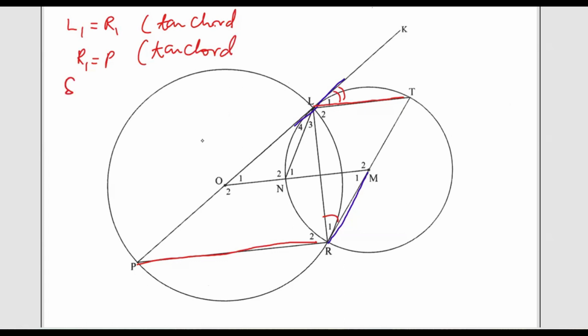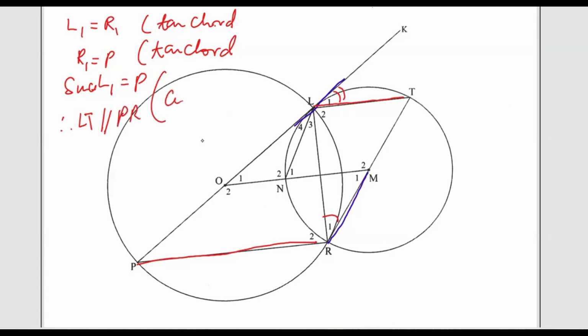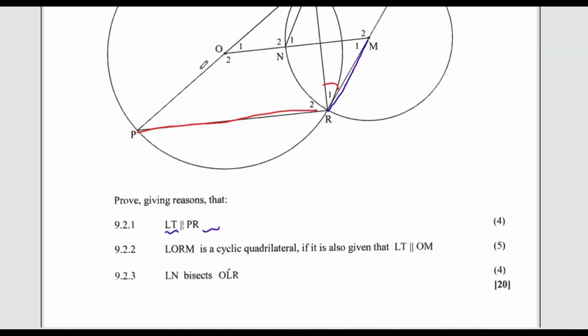And then we can say that since L1 is the same as P, therefore LR must be parallel. No, it's LT. So LT must be parallel to PR. Reason is the converse of the corresponding angles. So that is what we had to do with 9.2.1.